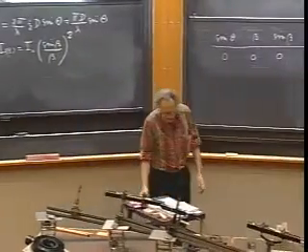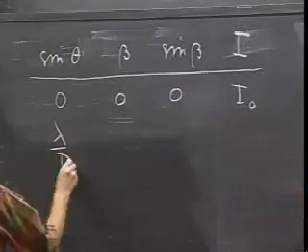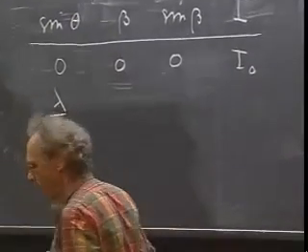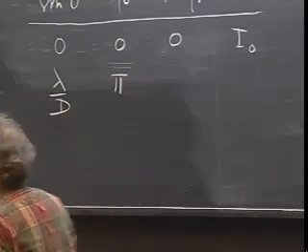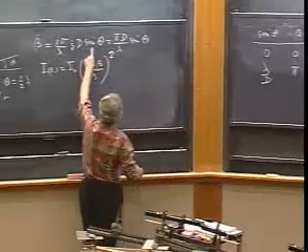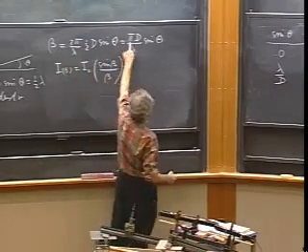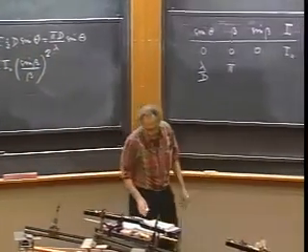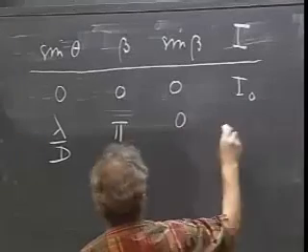So now let's take sine theta is lambda divided by d. So now beta is pi. I mean, put in here, sine theta is lambda divided by d. Here it is. So you see that beta is pi. So the sine of beta is now 0, and therefore the intensity is 0.